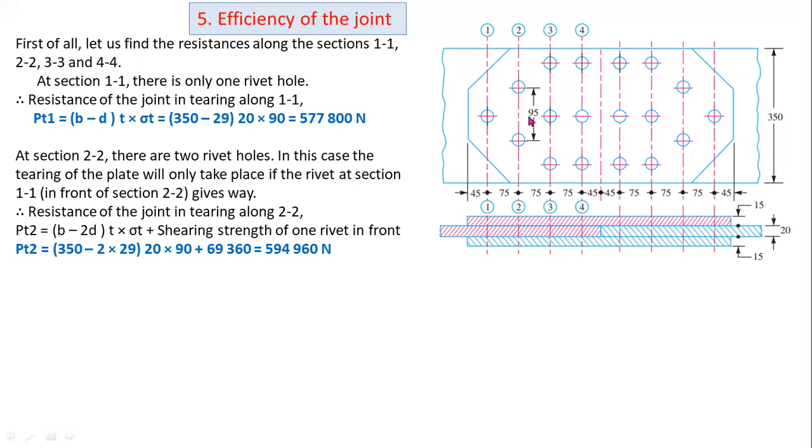Here, in the first row there is one rivet, so you have to consider the shearing strength for this rivet. You have to consider single shear for one rivet, that is PS. You have to add the PS value, the shearing strength, so 69,360 is the shearing strength value.